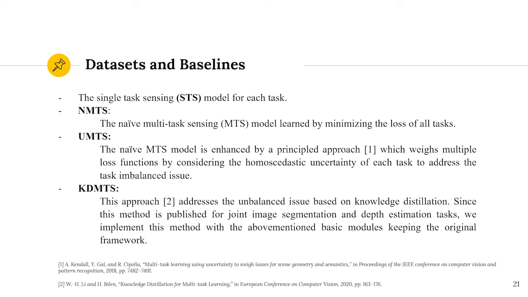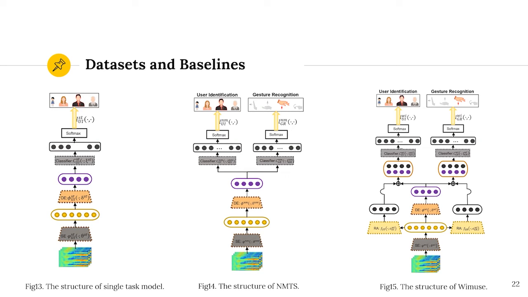And there are several baseline models. The single task sensing model and the naive multitask sensing model. And the model adopting the homoscedastic uncertainty into the naive multitask sensing model to address the task imbalance issue. And finally, the multitask sensing model based on the knowledge distillation technique. Now, these three pictures show the model structures of these models.